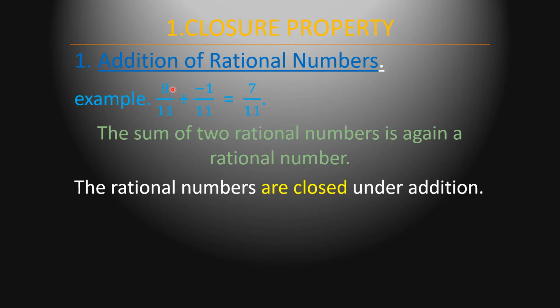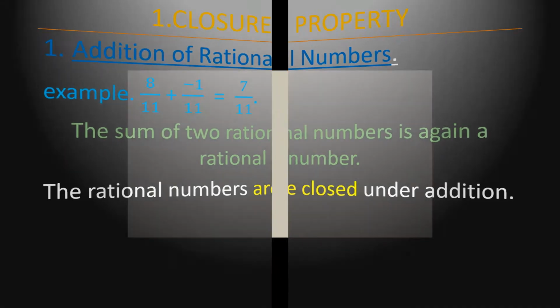We know one is positive and the other is negative, so we have to find the difference, and it gives you the answer 7 by 11. Even if you try with some other numbers, you see that the sum of two rational numbers is again a rational number. Therefore, we say the rational numbers are closed under addition.